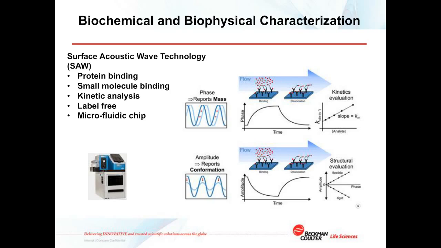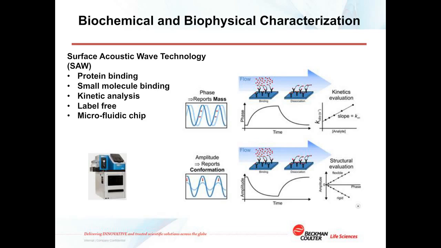More recently, surface acoustic wave technology has been used to generate slightly more information than the surface plasmon resonance method. And through this method, if you look at the binding profiles that I show in the top right, what you see are curves that look very similar to SPR.